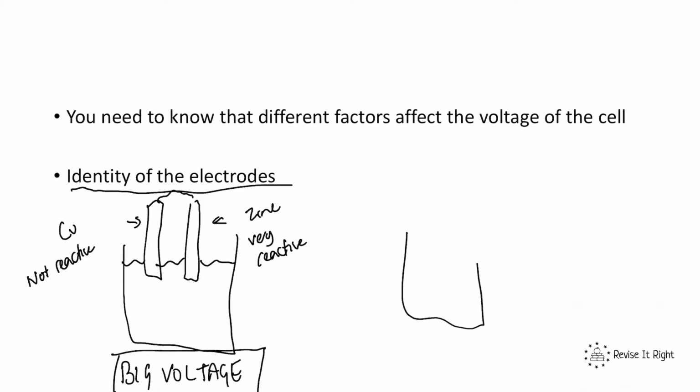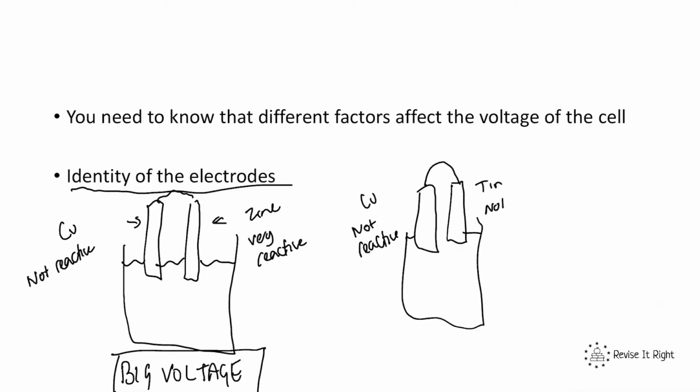Whereas let's draw another example, and again we've got our electrodes connected with a wire in contact with an electrolyte. And again we're going to have copper, which is not reactive. And then we're also going to have tin, which is also not very reactive. Now the difference in reactivity here is not as great as the difference in reactivity here.